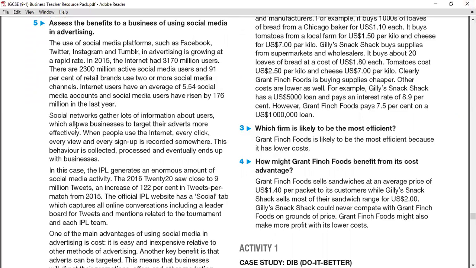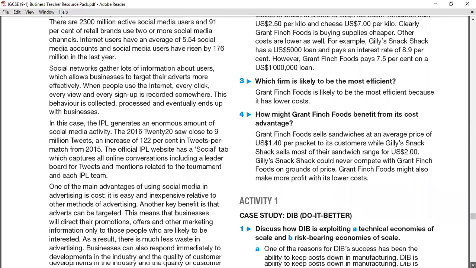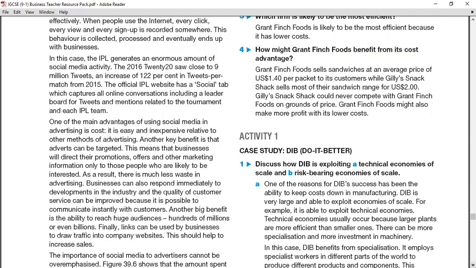Advantage number 1, networks get together a lot of people, and information you can share. Everything can be recorded somewhere, so it's collected, a kind of information bank. A digital, virtual bank. So it eventually ends up with the business. The business can use buying habits and purchasing habits.